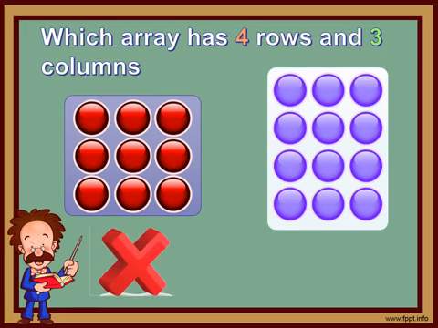No, it's not this one. Let's count these. How many rows? 1, 2, 3, 4 rows. 4 what? Rows, yes. How many columns? 1, 2, 3 columns. So this one has 4 rows and 3 columns. So this is the one that you want. Let's see what else.